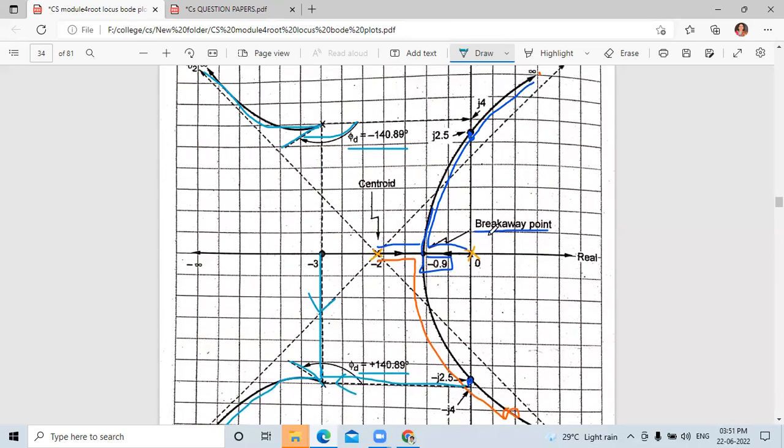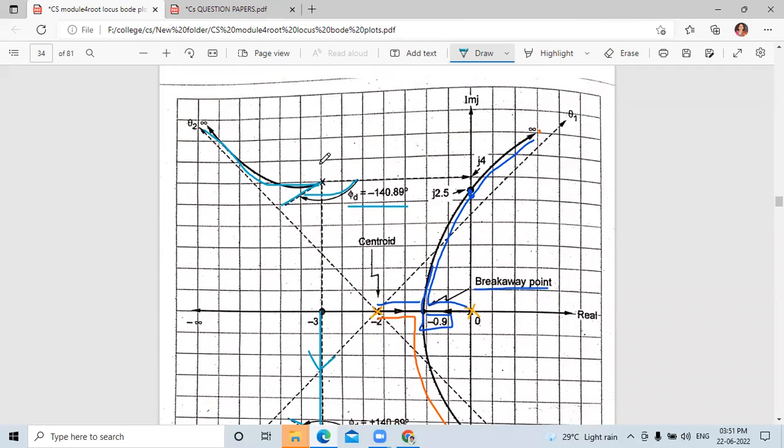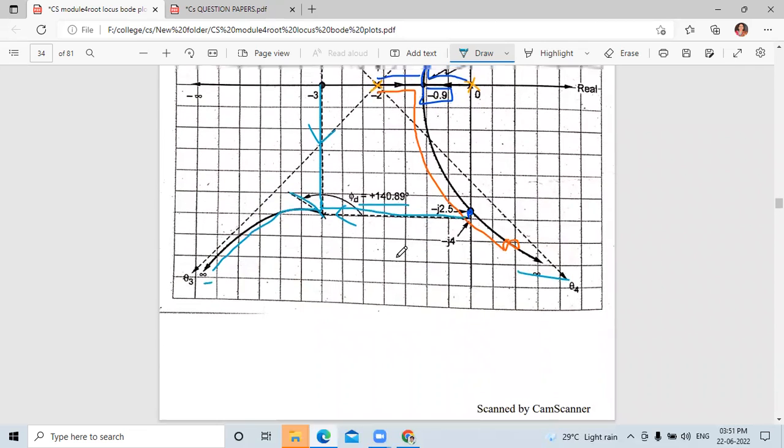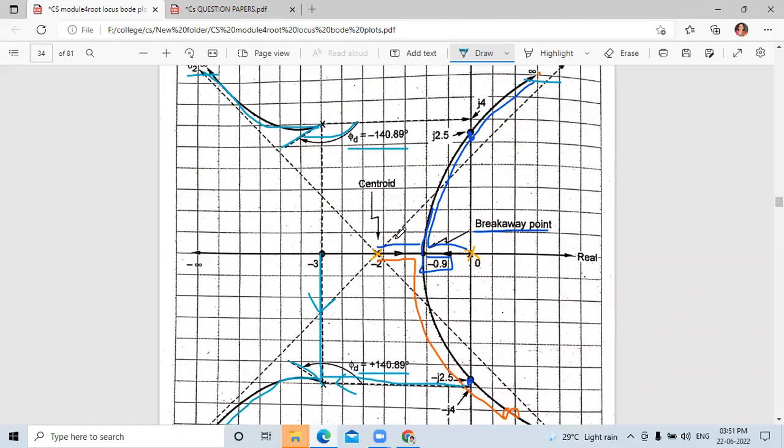So the starting points are the poles and the terminating points are all at infinity. The four branches terminate at infinity. Two branches intersect the imaginary axis, and the other two are parallel to the asymptote line.